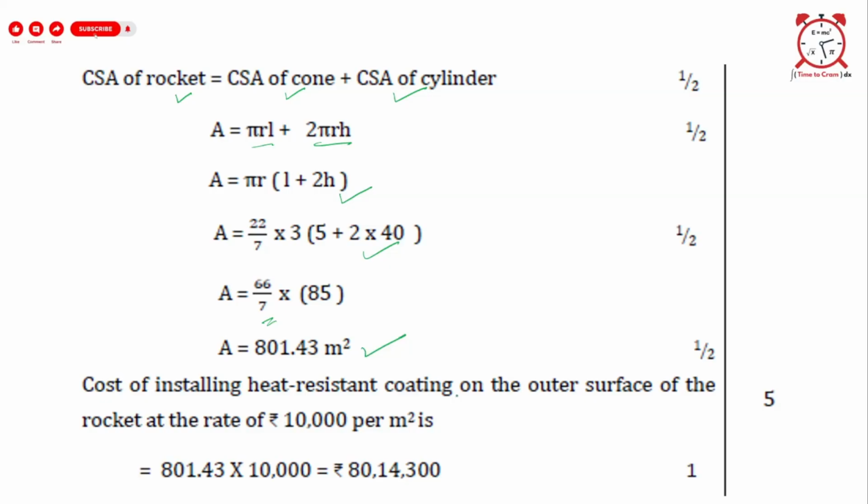Now the coating cost: at the rate of rupees 10,000 per meter square, we multiply by 10,000. So it is 80 lakh 14,300. You can see that marks are given for every step, and the total is 5 marks.